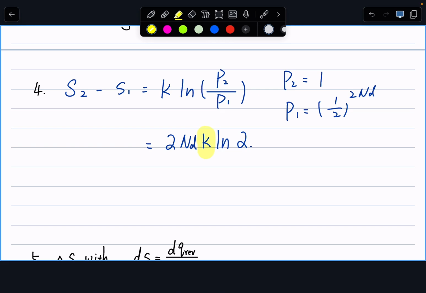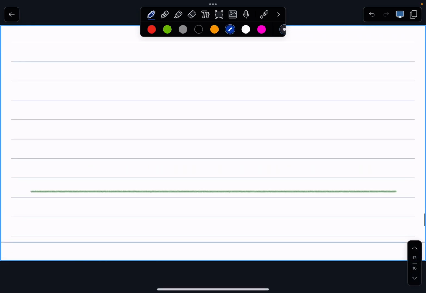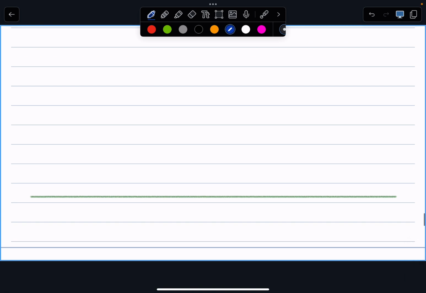The other solves it using our probability term, which equals 2 times the number of moles of molecule D times k times ln 2. Or the other way to put it is we can end up having my k equals R divided by the Avogadro number.